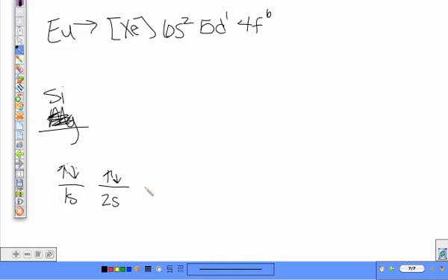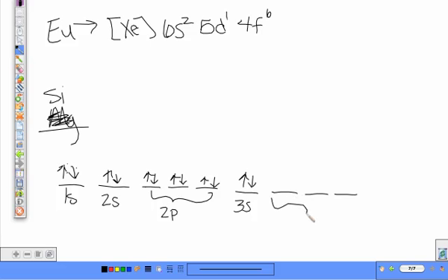2p has how many orbitals? 3. And there's 6 electrons. Comes after 2p: 3s, so 1, 2. 3p has 3 orbitals since it's a p sublevel.